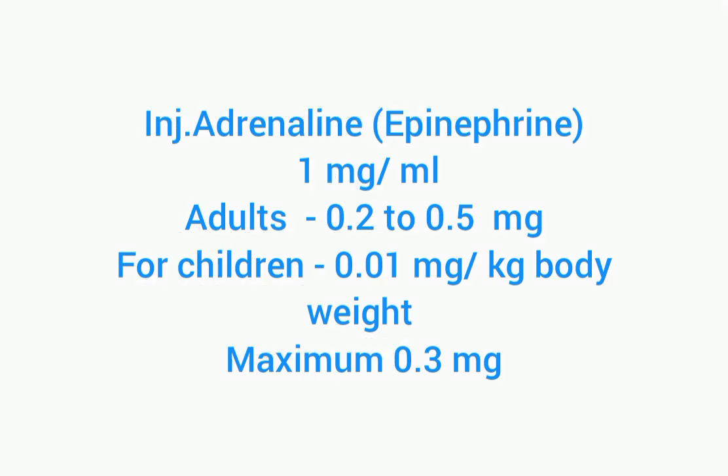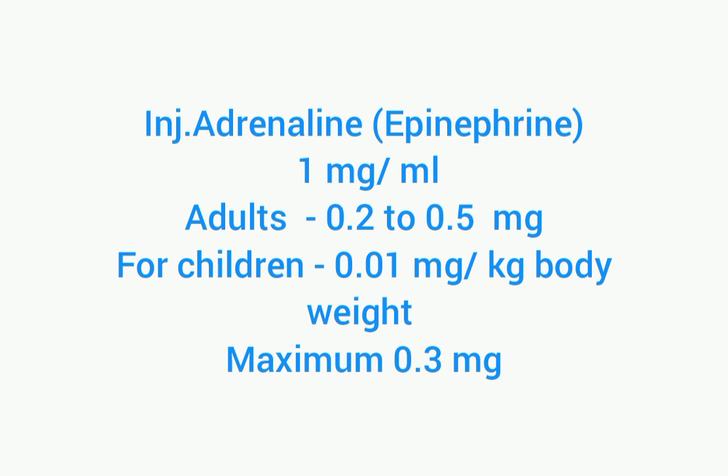So the injection epinephrine or adrenaline is 1 mg per ml. For that, the dose for an adult is 0.2 to 0.5 mg at a time. Okay, 0.2 to 0.5 mg. And for children, 0.01 mg per kilogram body weight.